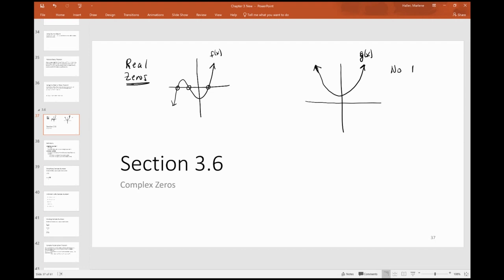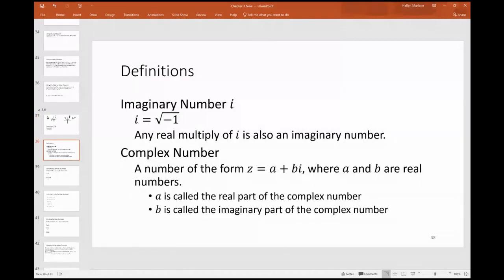So we could say there are no real zeros, but we do still have zeros of the function. The zeros of this function will be complex zeros. All right, let's take a minute to review what a complex number is.